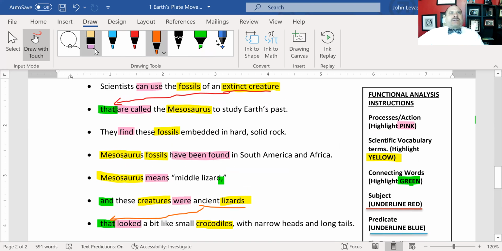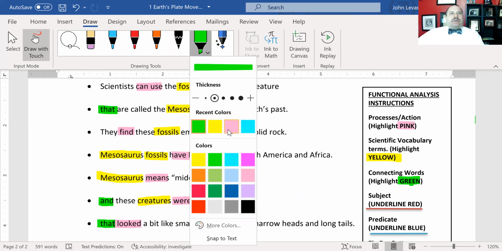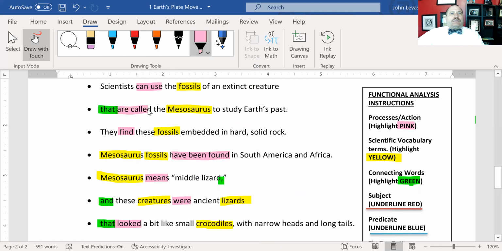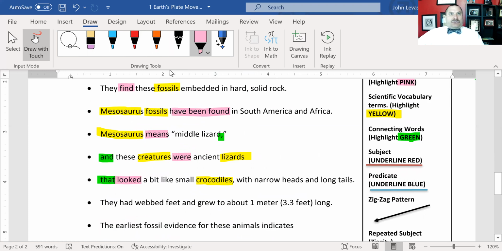And I'm going to erase those lines that I drew. But I am going to put back the process. Okay, so next, let's underline the subjects and the predicates. So you can use your pens.